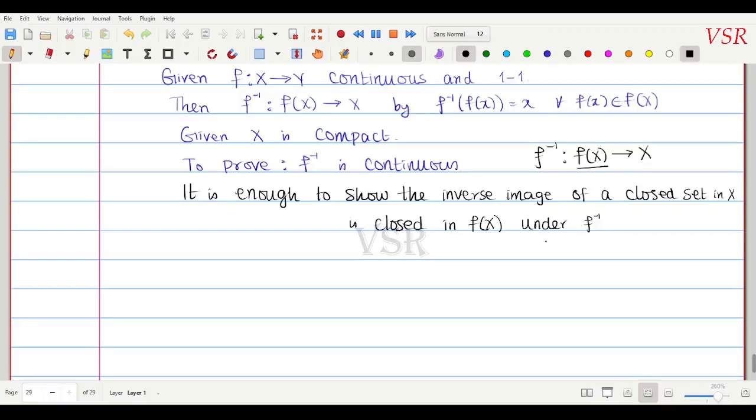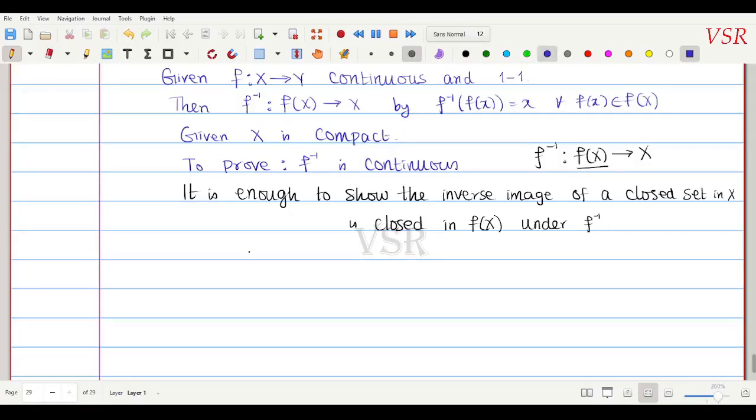Understood? That is all. You take a closed set and only check its inverse image. Now we will check.